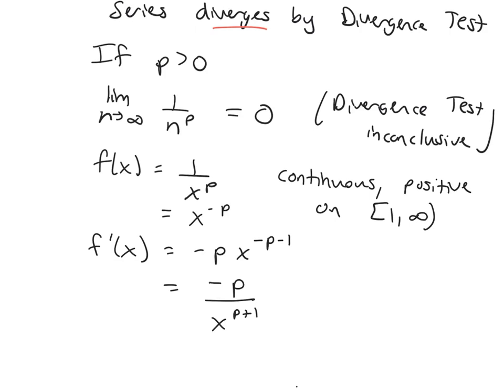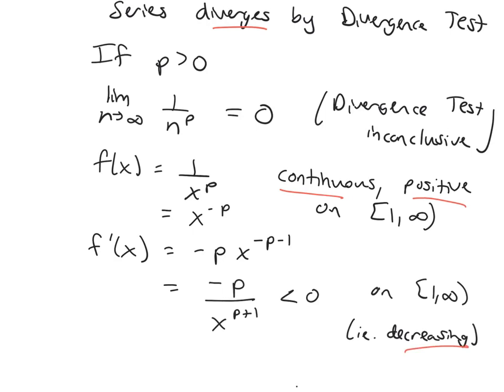The numerator, negative p. Remember, p is a positive value like 2. So the numerator is negative. What about the denominator? x to the p plus 1. Positive. So negative over positive means overall I have a negative. So this tells me this is less than 0 on this interval 1 to infinity, which tells me it's decreasing. Great. So I now know I have continuous, positive, decreasing, which means I can actually use the integral test.